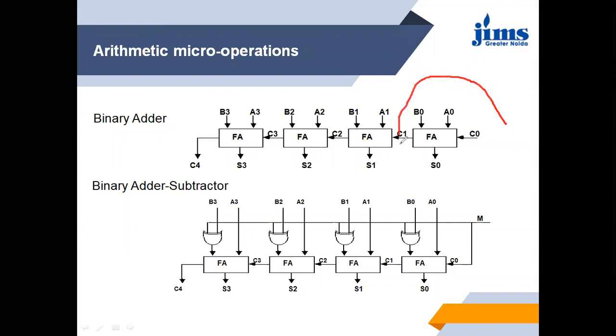It means we have two inputs, A0 and B0, and there is some carry from the last addition. Then we get a sum and a carry that is generated from here. This carry is going to be added in the next addition bit. So this is the binary adder we discussed earlier.